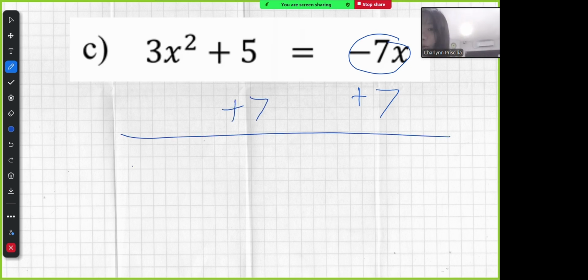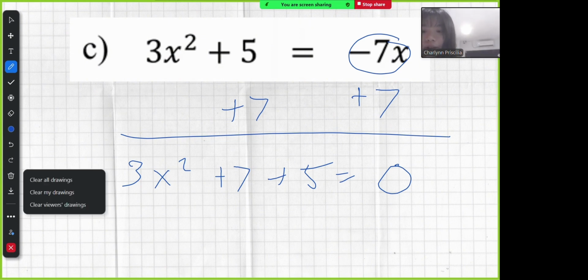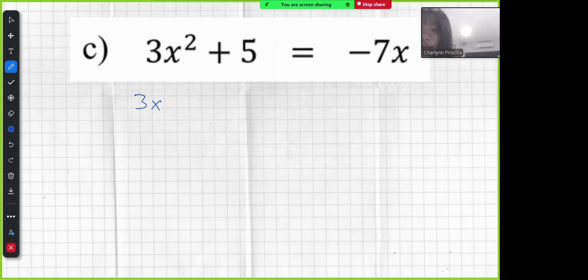That leads to 3x squared plus 7x plus 5 equals 0, and we will work with this equation. Now we get A equals 3, B equals 7, and C equals 5.